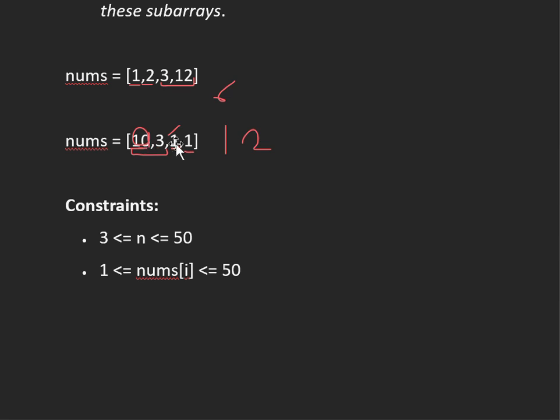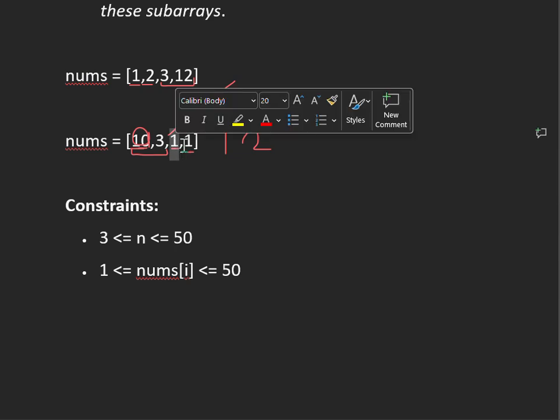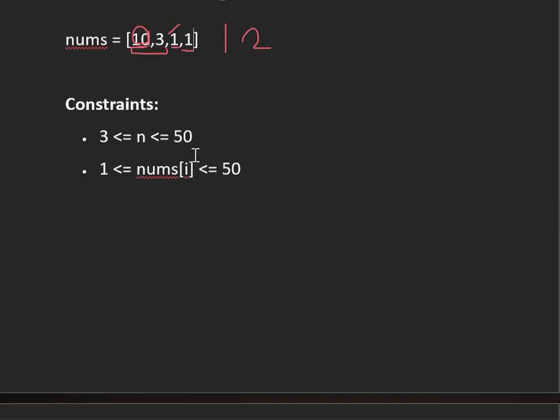But for the later subarrays, we can choose those starting from the minimum elements. Instead of taking 3 1, we included this 3 with the first subarray, and then took this 1 and 1 as different subarrays.